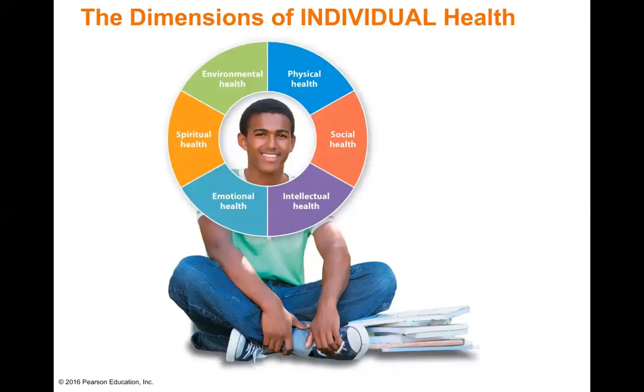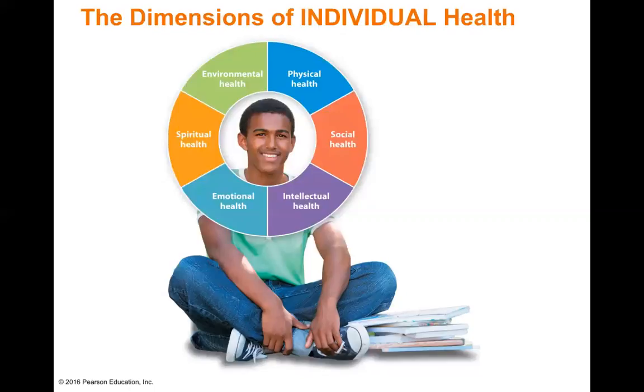Are they sitting in front of Netflix and pounding on food and not doing any type of exercise? Their social health: do they have relationships with people that are healthy? So they're not living in a place with, or actually have a relationship with, someone who's abusive to them, or have friends that are very supportive, or have friends that are doing healthy things.